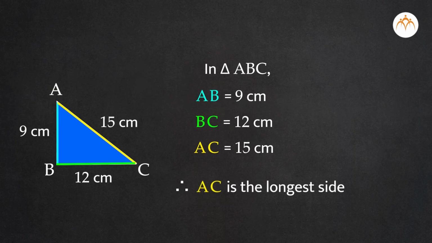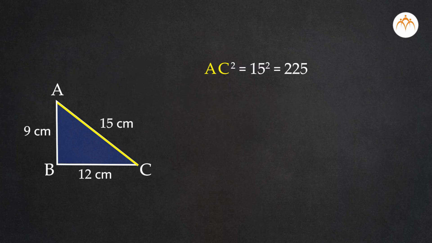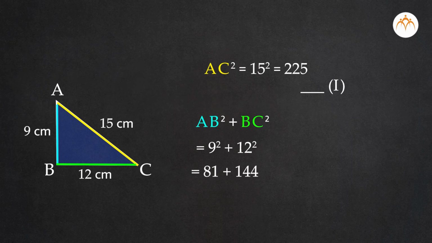Therefore, AC is the longest side. AC square is equal to 15 square is equal to 225. Equation 1. AB square plus BC square is equal to 9 square plus 12 square is equal to 81 plus 144 is equal to 225 is equal to 15 square is equal to AC square.